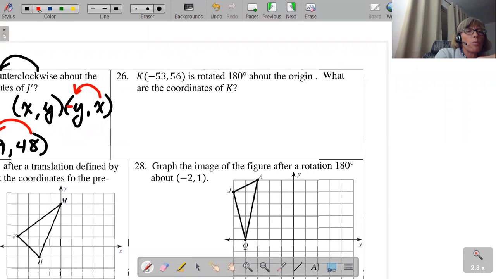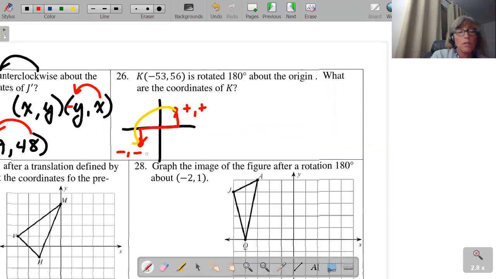To rotate 180, just think of this logically. If I take a point, let's say here, and it's positive, positive, and I rotate exactly 180, the position of that point is going to be the same horizontal and vertical distance, but it's going to be in the exact opposite quadrant.